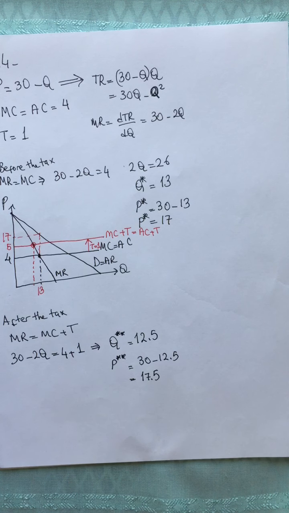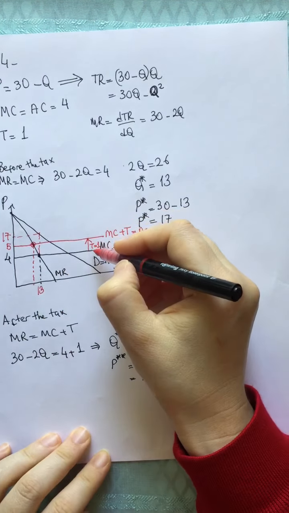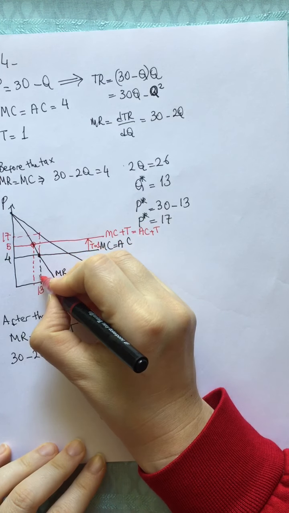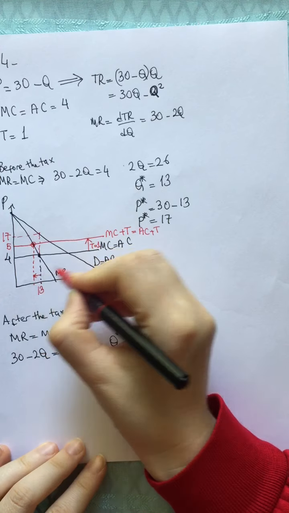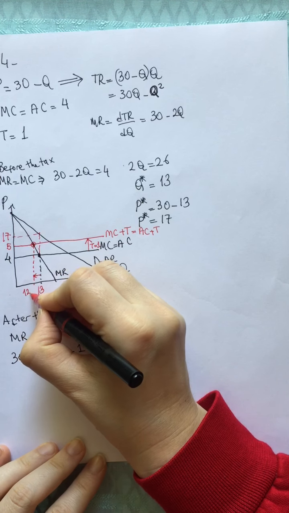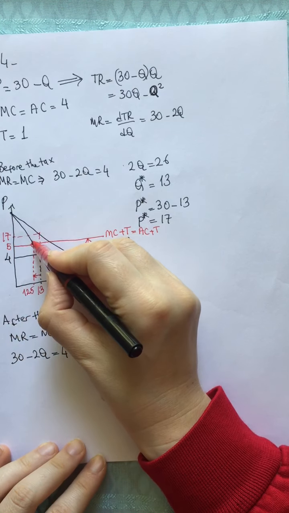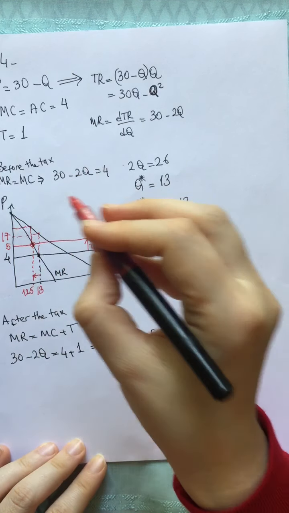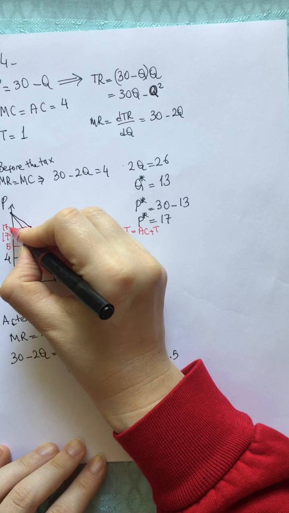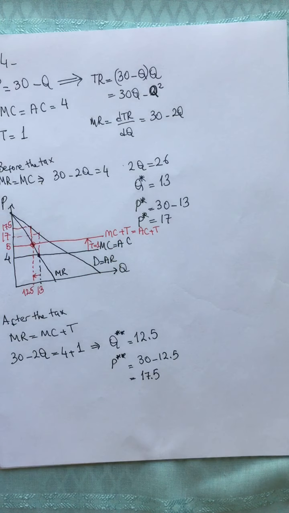So, after the tax, the monopolist's cost will increase, and that's why the profit maximizing level of output has decreased from 13 to 12.5, and the price has increased to 17.5. So what's the tax incidence, do you think, in that case?